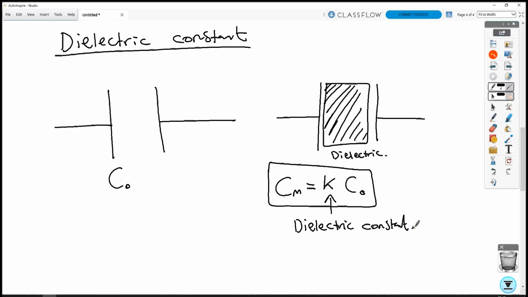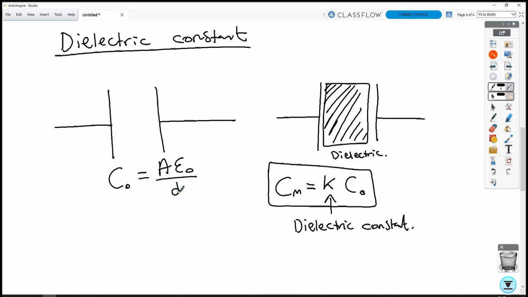If we compare then to a capacitor that doesn't have a dielectric, so with no dielectric, we've got A epsilon naught over D, because the relative permittivity will be 1 if we just have a vacuum or if we just have air in between.